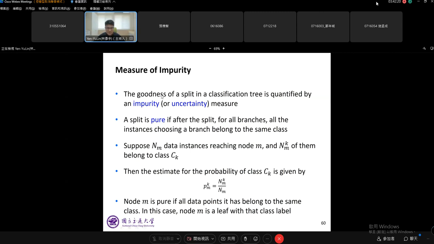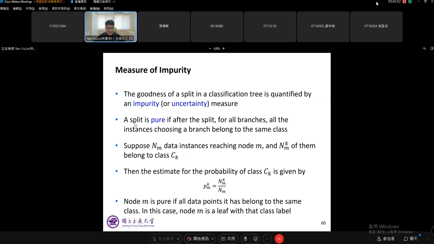So actually, the goodness of a split is relevant to impurity or uncertainty. We are going to introduce how to compute the impurity or uncertainty for a data subset in a decision node.